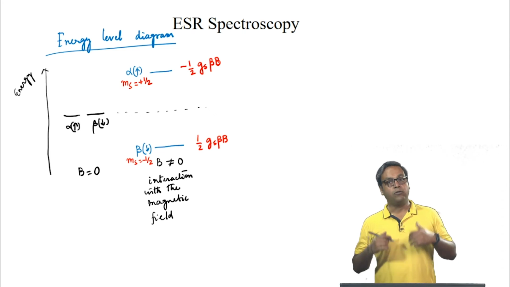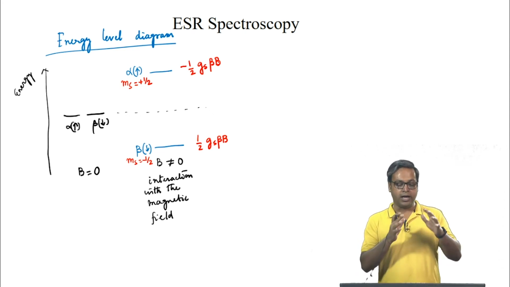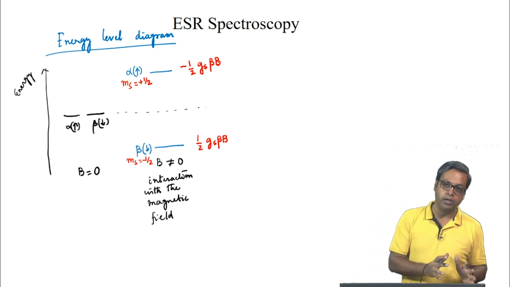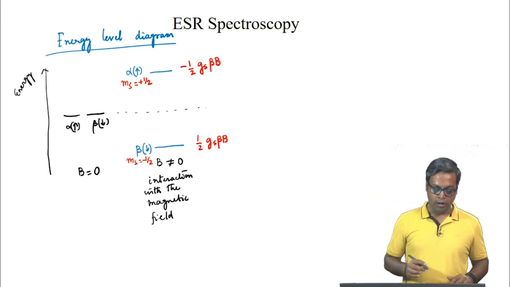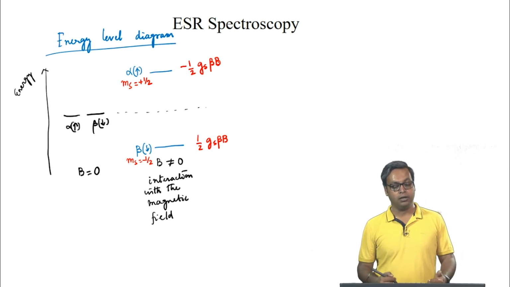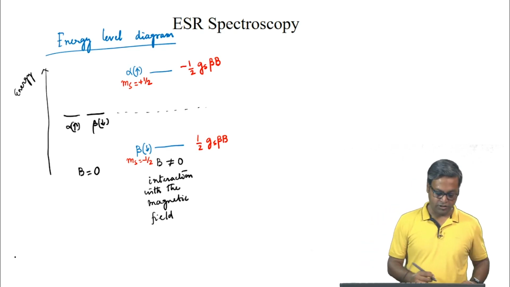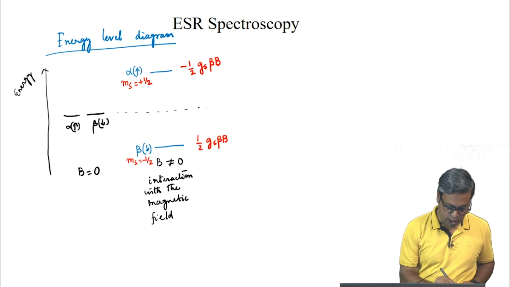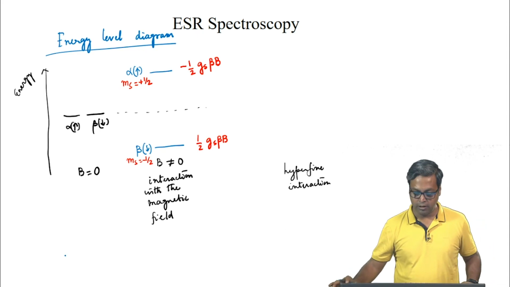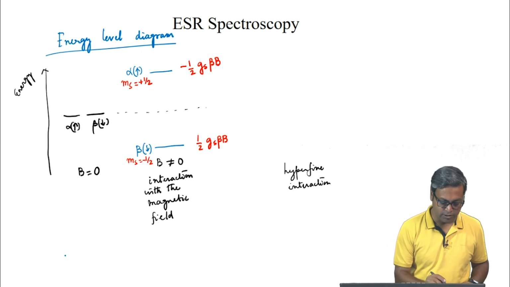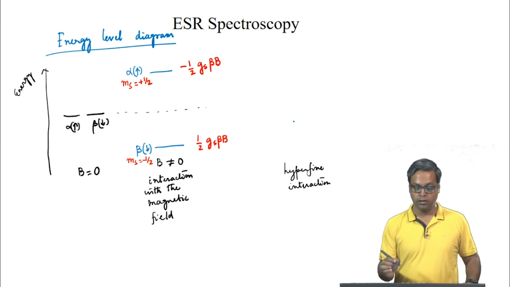So far, we have not considered the interaction of the electron spin with the nuclear spin, or in other words, we did not consider the hyperfine interaction. So, now if we consider the hyperfine interaction, then these energy levels will further split.